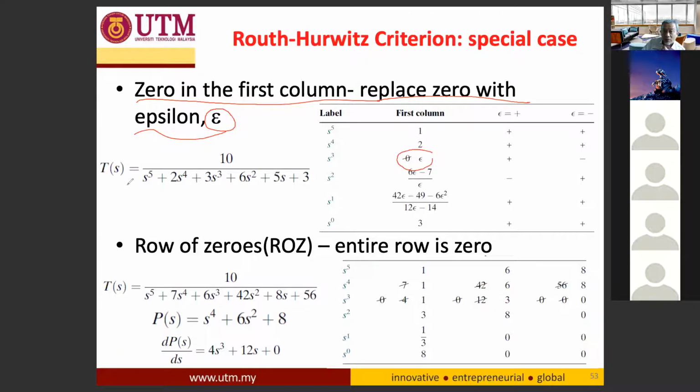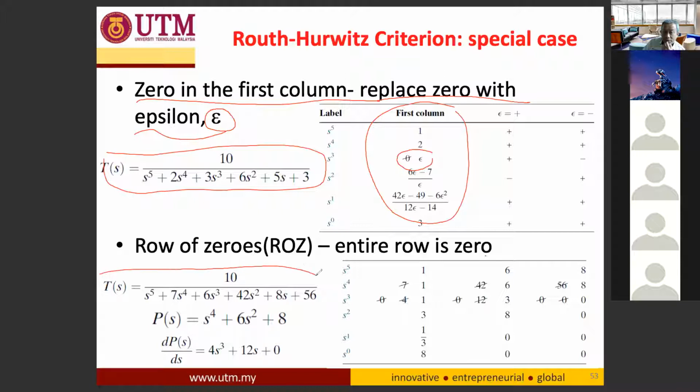For example, for this closed loop transfer function, it has zeros in the first column. While in another case where you have this transfer function, it will produce a row of zeros, which is at S cubic.